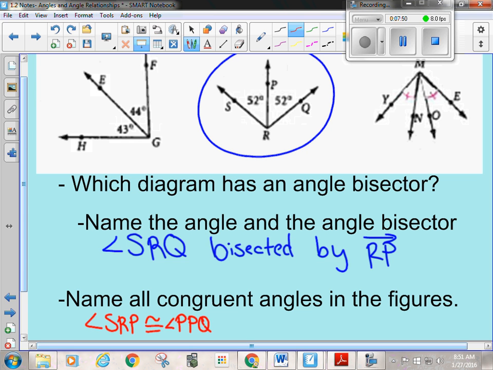Okay, and then in the third diagram, we have two congruent angles. They're marked right there and there. So we have angle YMN is congruent to angle OME. So being able to recognize the congruent angles and then name them.